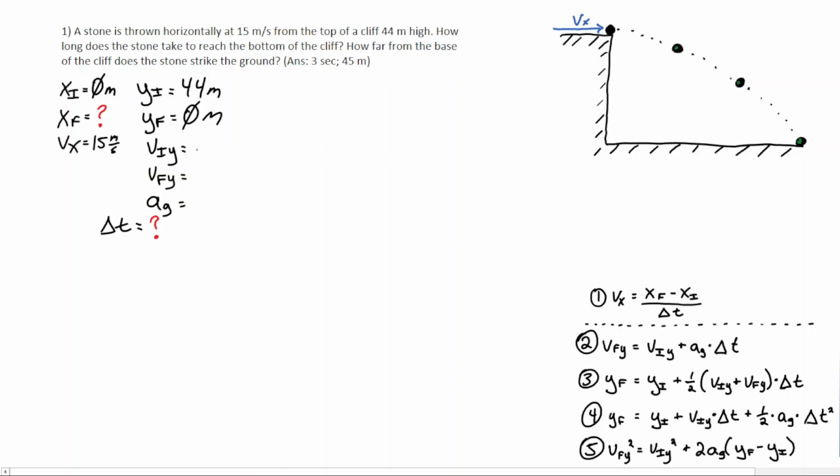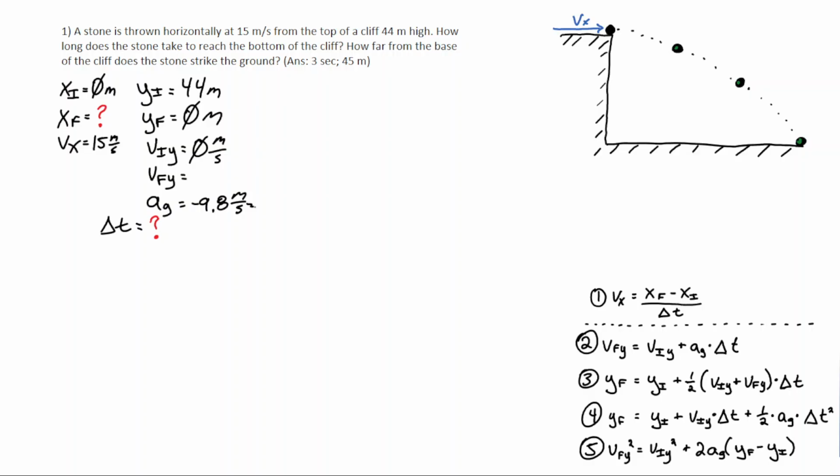So once again, we are going to see that that value is equal to 0 meters per second. Acceleration due to gravity, always negative 9.8 meters per second squared. Are we given the velocity at which the object strikes the ground? No. Nor are we being asked for it, so that's one of those quantities that we don't really care about.